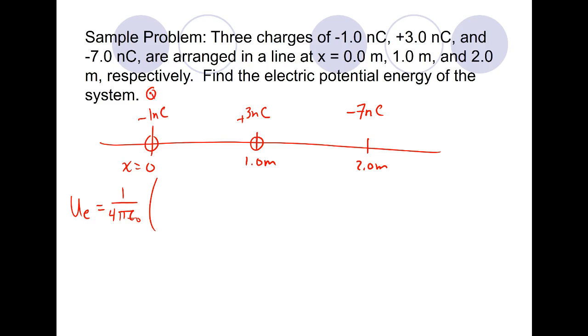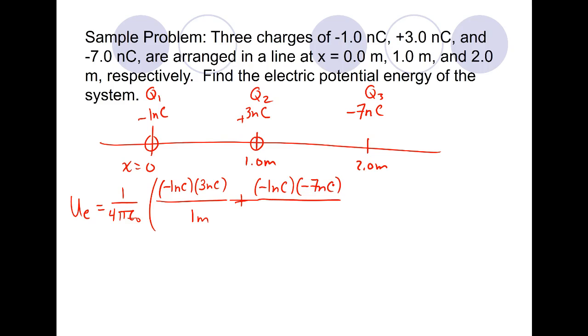And then if this is Q1, Q2, Q3, I'm basically going to have Q1, which is -1 nanocoulombs, Q2, which is 3 nanocoulombs, over R12, which is 1 meter, plus Q1 Q3 over R13, which is 2 meters, and then I'm going to have Q2, which is 3 nanocoulombs, Q3, all over R23.